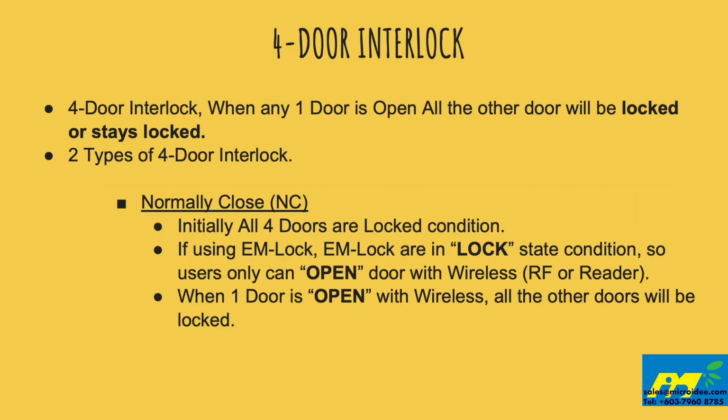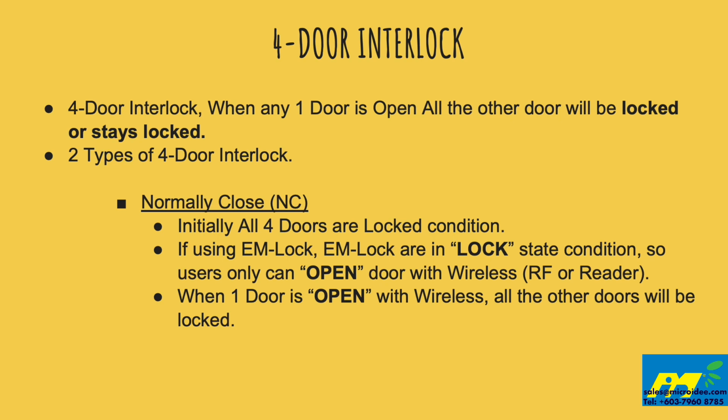Our next function is 4-door interlock, but normally closed condition, where all the doors' EM locks are in locked condition. The EM locks are all locked. So you may ask, the IO board only has 4 inputs, which are right now used as door sensors. So how do we unlock the door?